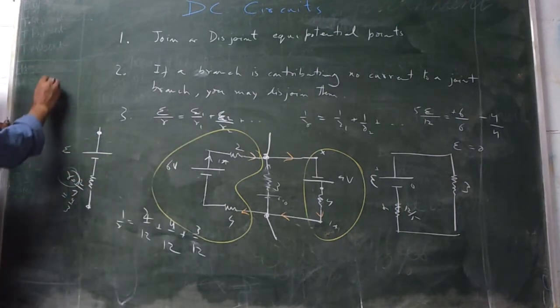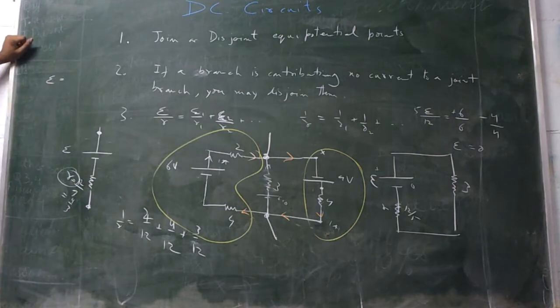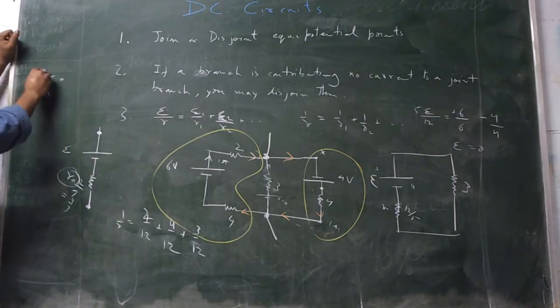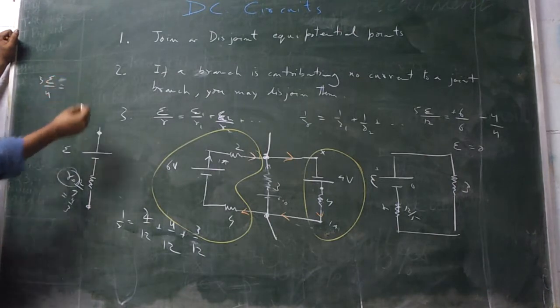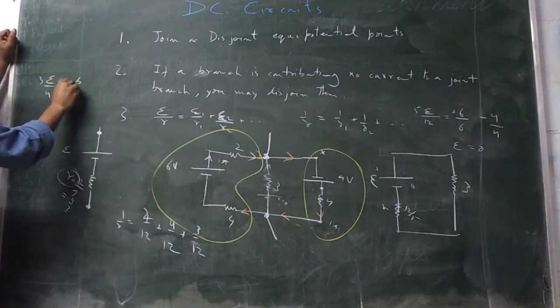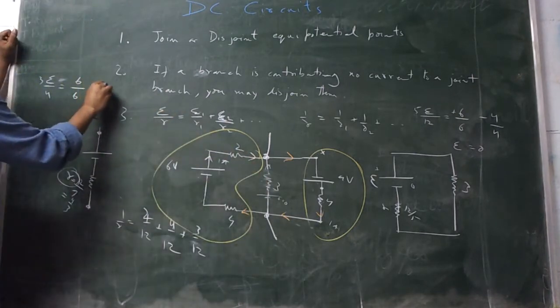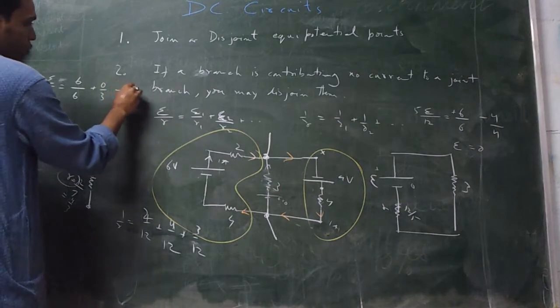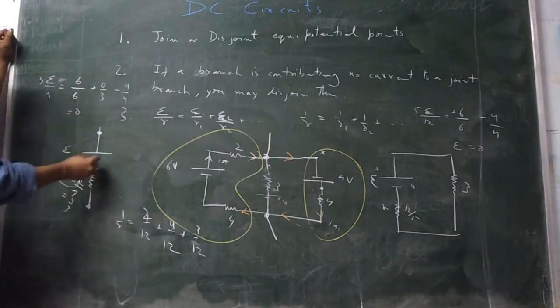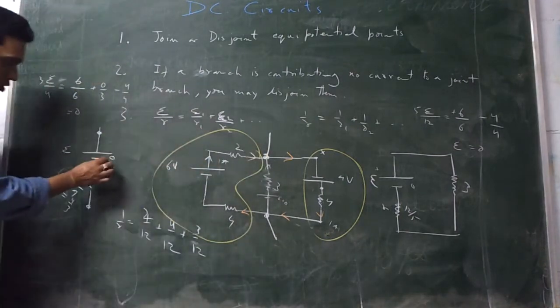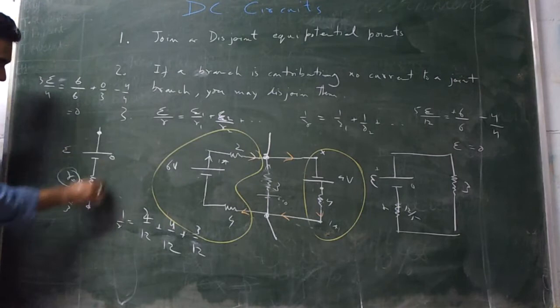So what is the E? E by R, which is 4 by 3, will be equal to E1, which is 6 by 6, plus E2, which is 0 by 3, minus 4 by 4. Again it is 0, so this is a 0 volt battery anyhow. This tells you that this is a 0 volt battery, so this potential is 0.